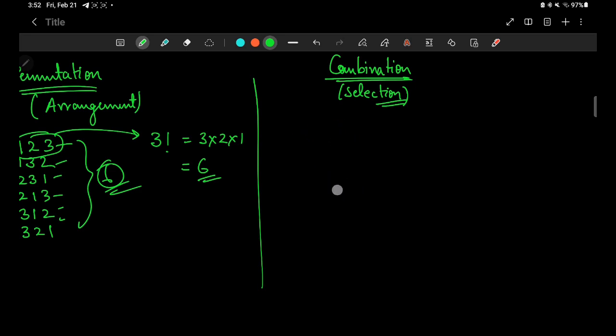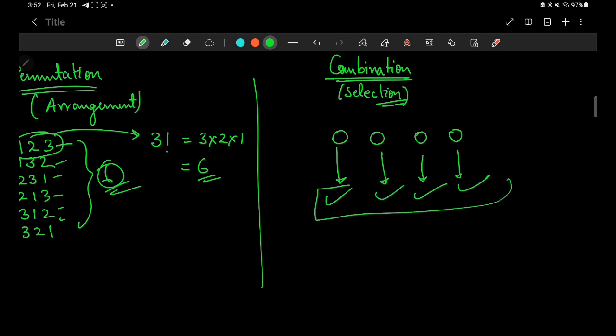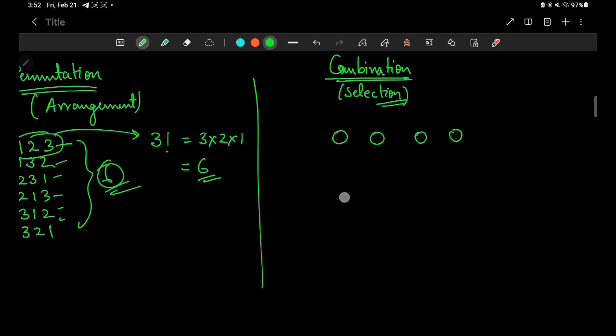Now let's take a bigger example. Let's say there are 4 students. How many ways are possible to select one student? I'll select this guy, or this guy, or this guy, or this guy. So 4 ways are there. Now let's say I want to select 2 students out of these 4 people.